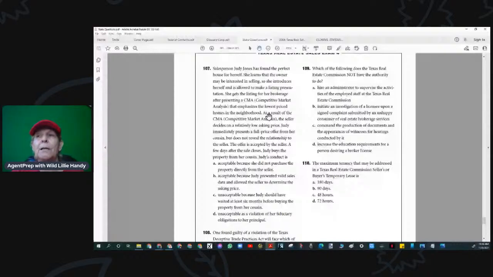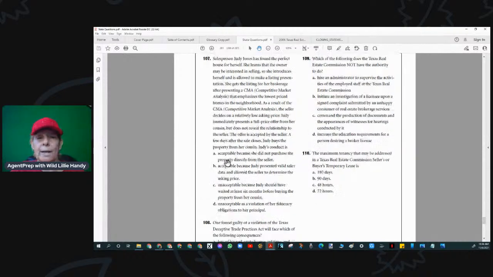Judy immediately presents a full price offer from her cousin, but does not reveal the relationship to the seller. The offer is accepted by the seller. A few days after the sale closes, Judy buys the property from her cousin. Judy's conduct is what?